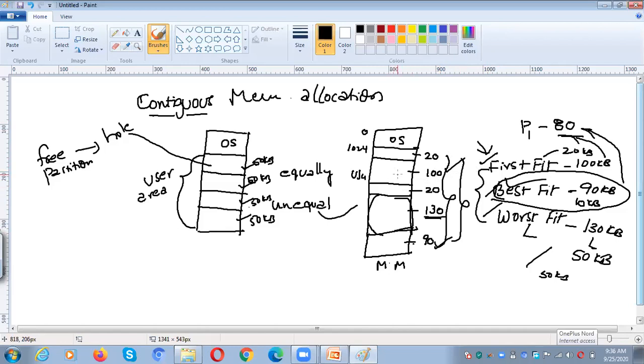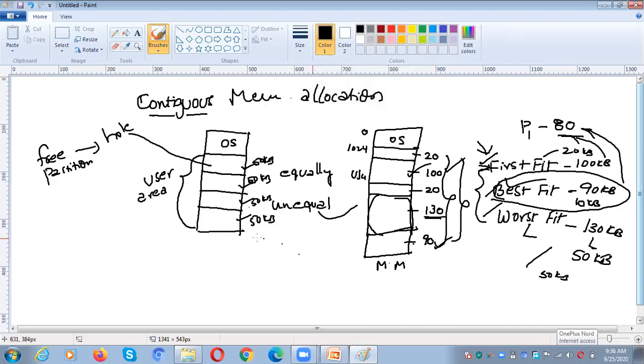Why? Because I can keep my process here in the second partition, so what is the need of verifying the next partition? So first fit won't search the entire list, whereas best fit and worst fit will. That is first fit, best fit, worst fit, the memory allocation techniques.